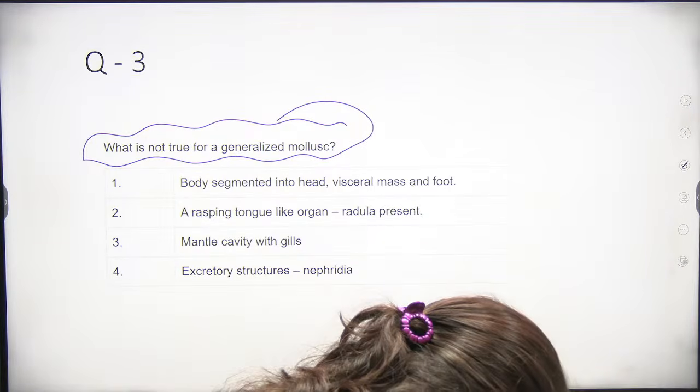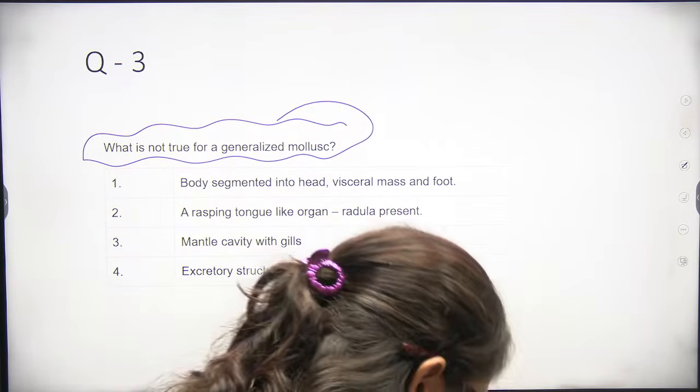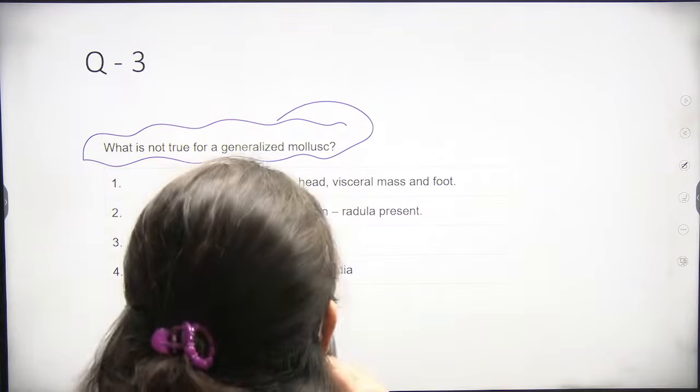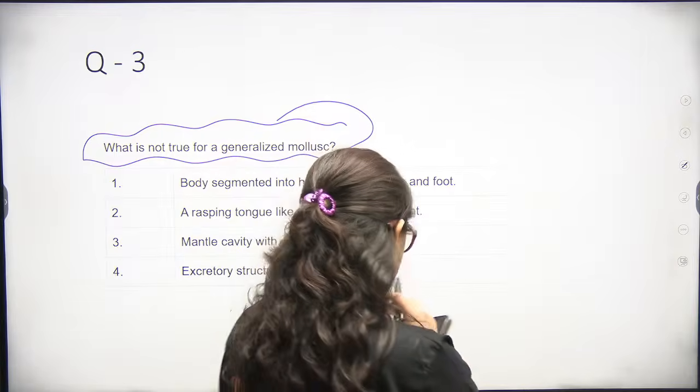Okay, tell me what will be the answer for question number 3.